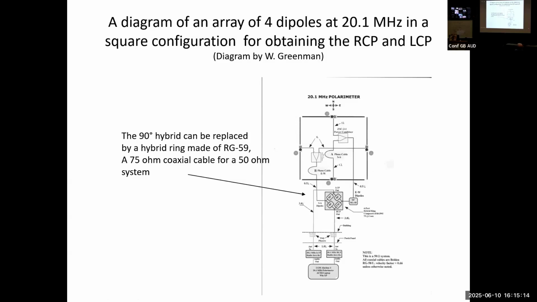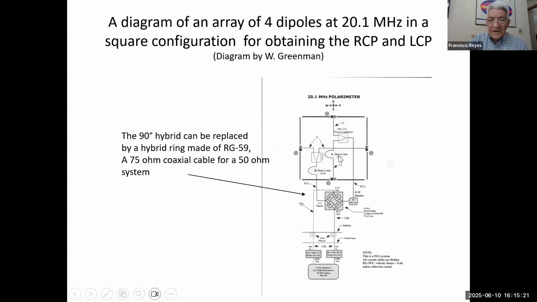Now, what is the explanation for the placement of the delay line on the other side? Oh yeah, all right. So here you have the north and south. So this cable here is twice this other cable, because this other cable there, the center of the dipole is somewhere in between the north and south.